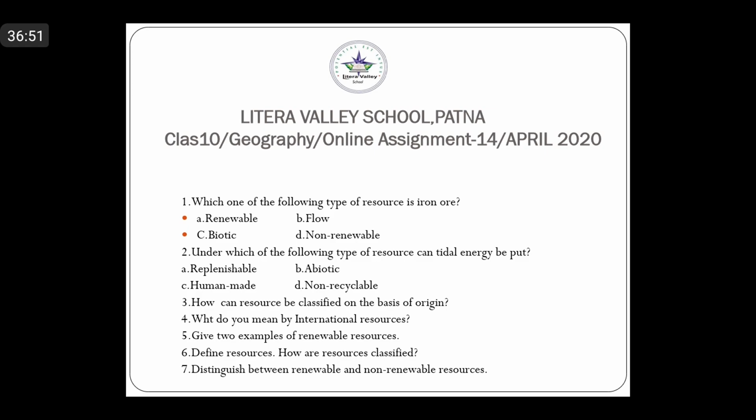Then what do you mean by international resources? Then give two examples of renewable resources, define resources, how a resource is classified, and at last there is one question: distinguish between renewable and non-renewable resources.